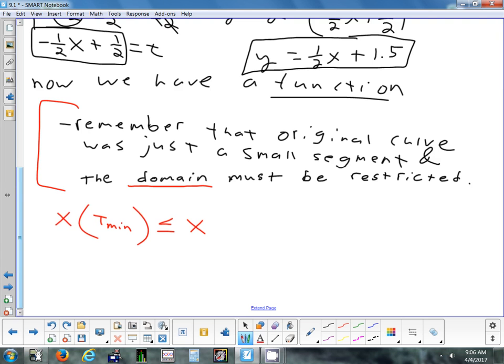That's how we found the starting x value. And then take t max and plug that into the x function. That'll tell you the minimum and maximum values for x. So you might end up with something like -1 is less than or equal to x less than or equal to 3. That's telling you your x's are between -1 and 3.